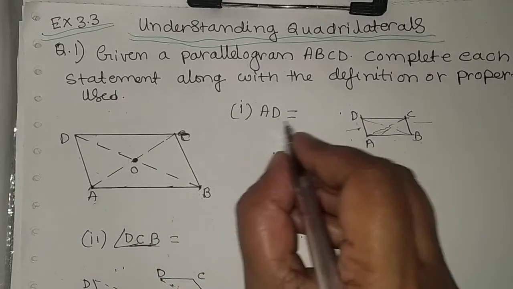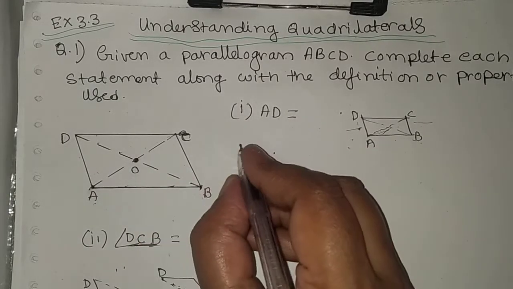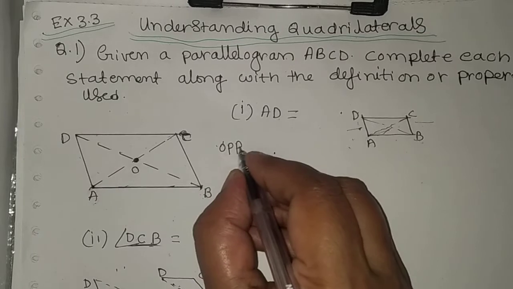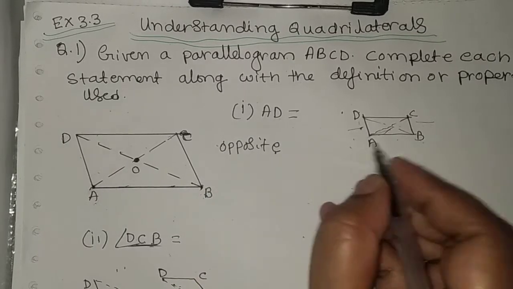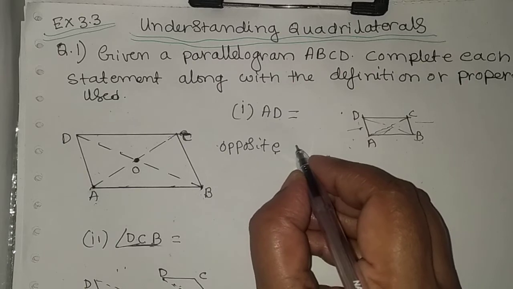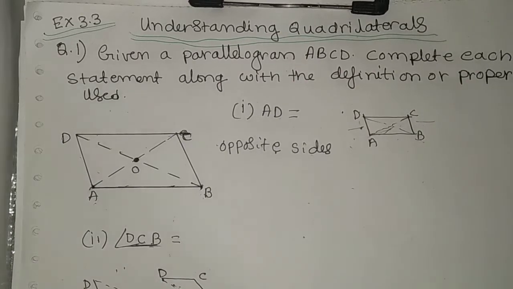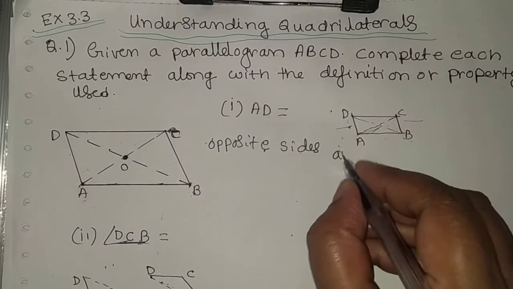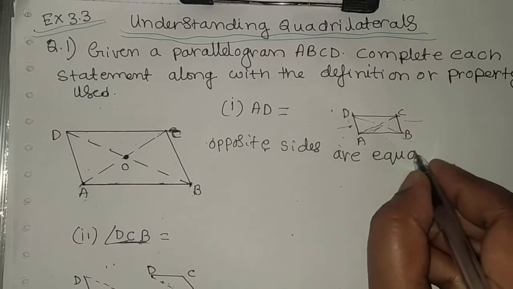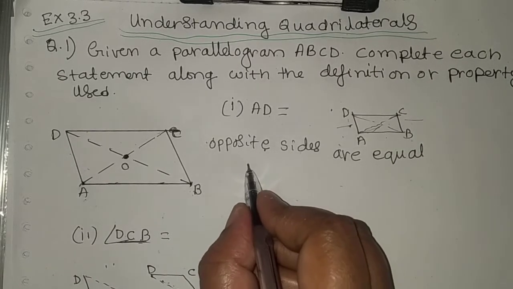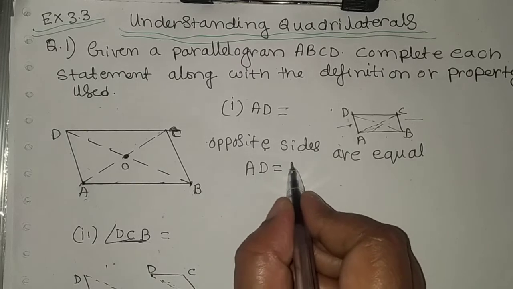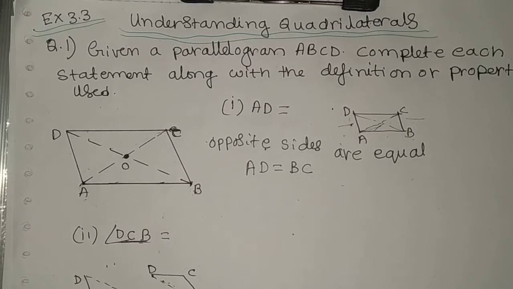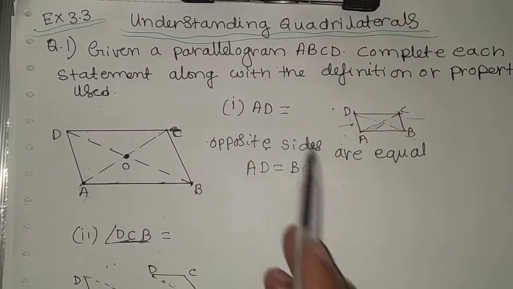AD is a side, and these are opposite sides, so opposite sides are equal. Then we write AD is equal to BC. This is the first answer.